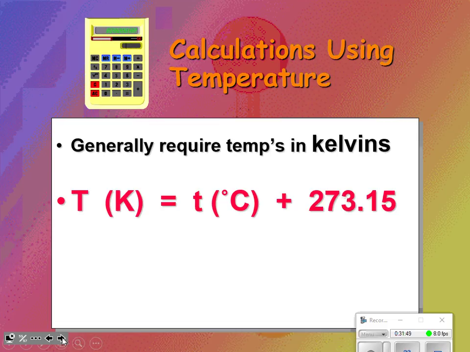If I have a temperature in Kelvin, I subtract 273.15 to convert that to Celsius. So, Kelvin to Celsius, Celsius to Kelvin is just a matter of adding and subtracting.